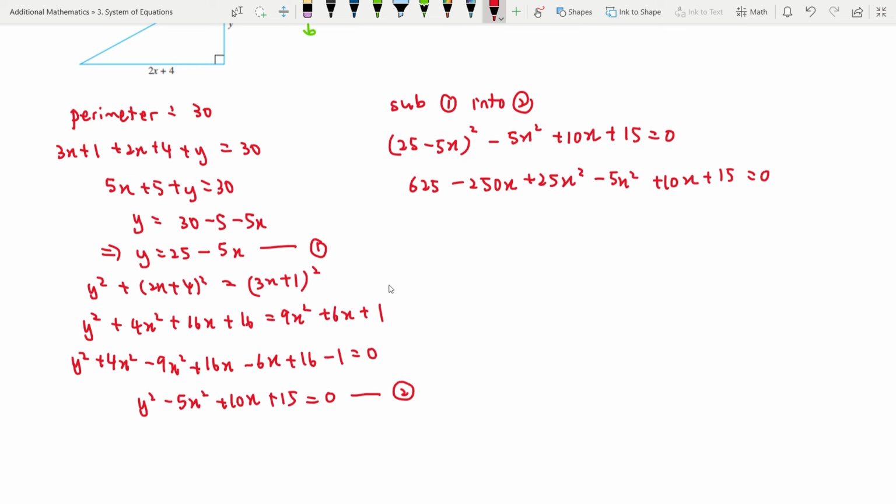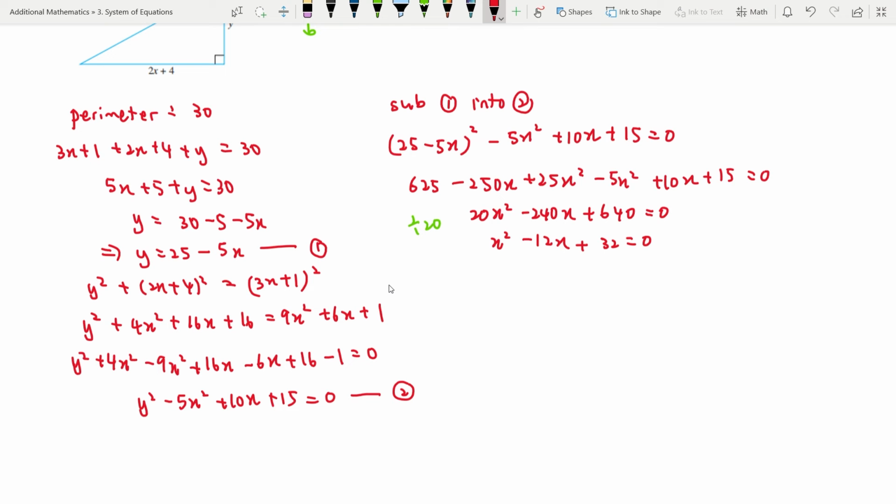Then we further simplify it. 20x squared minus 240x plus 640 is equal to 0. We divide the whole equation by 20. x squared minus 12x plus 32 is equal to 0.